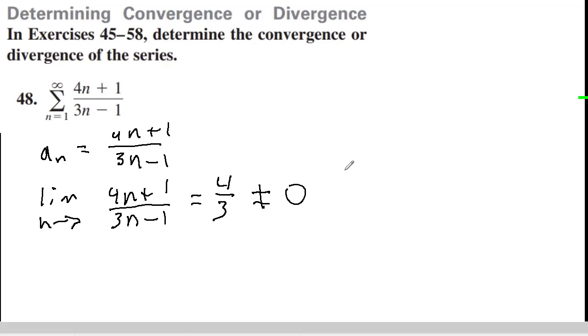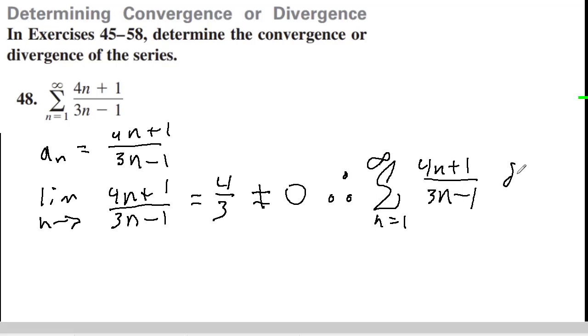And so that means that your series, the series from n equals 1 to infinity of 4n plus 1 over 3n minus 1, diverges. You're going to add more and more terms that are all getting closer and closer to 4/3, and so your sum is just going to keep growing and growing.